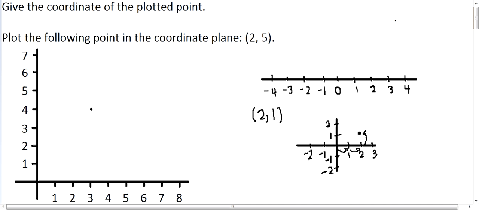Next, let's take a look at the names given to parts of this plane. The entire plane is called the coordinate plane. The horizontal line is called the x-axis, while the vertical line is called the y-axis.